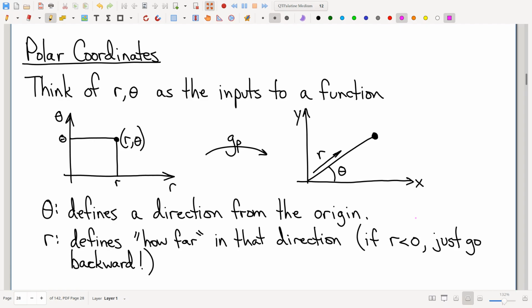So, different ways to think about it. I like to think of the polar coordinates, r and theta, as being the inputs to a function.